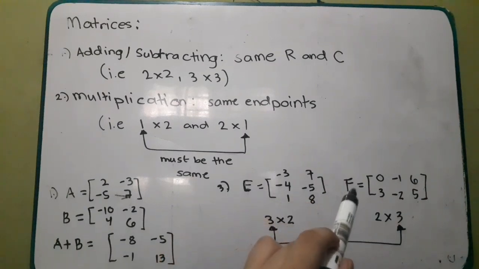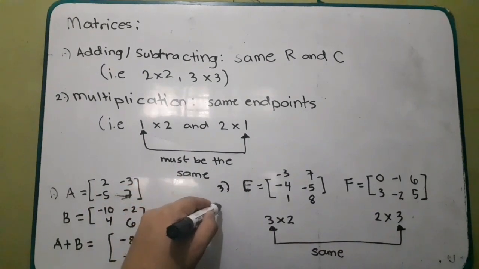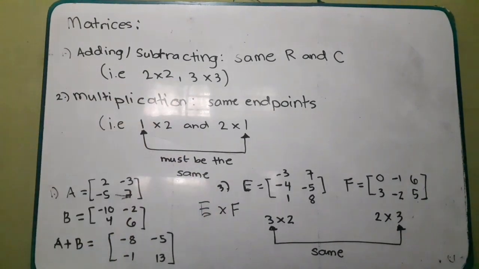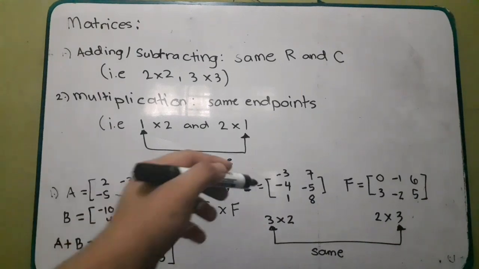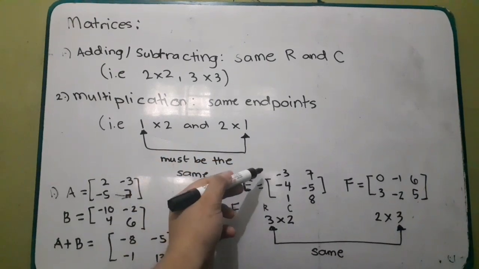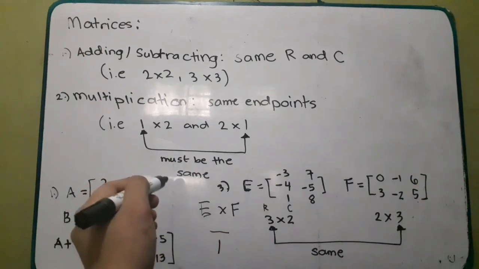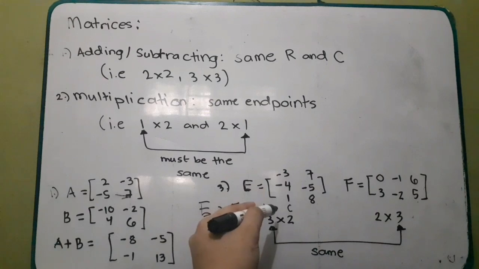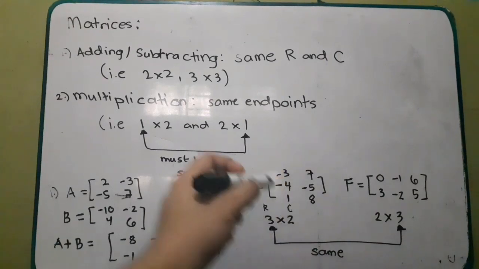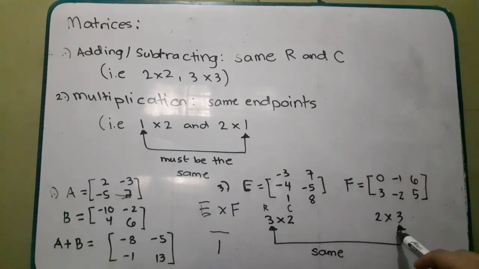F is equal to 0, negative 1, 6, 3, negative 2, and 5. What we are looking for in number 3 is E times F. Okay, so multiplication. Remember the rule for matrix multiplication: they must have the same endpoints. When writing dimensions, the row comes first, then the column. The row is the horizontal, and the column is the vertical. So, E has three rows, and 2 columns. Then F has 2 rows and 3 columns. They can be multiplied if they have the same endpoints. So 3 and 3.